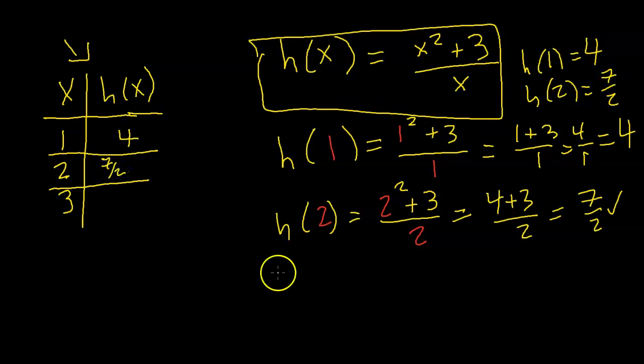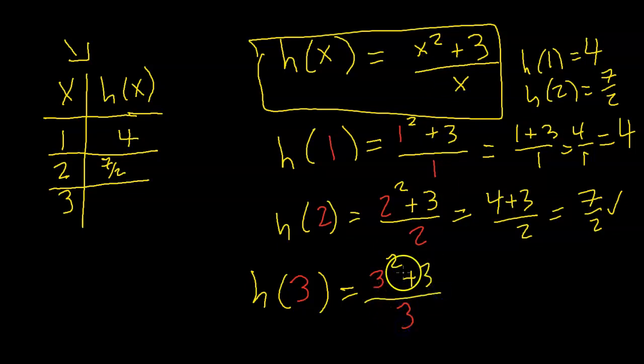And let's finally try to evaluate h of 3. So that's going to mean we have to plug in 3 into our formula. That's going to give us 3 squared plus 3 divided by 3, right?